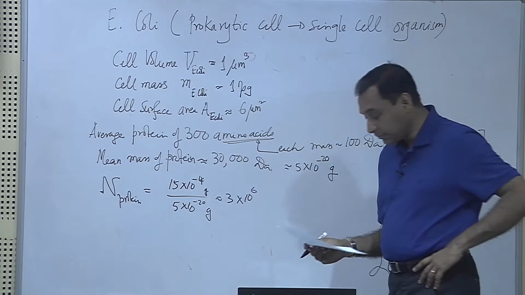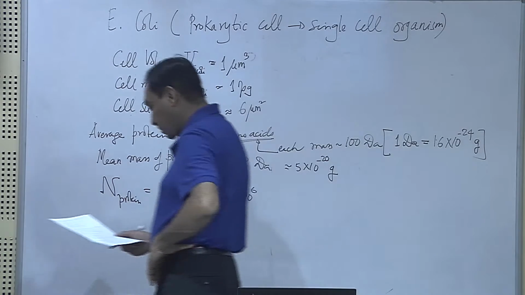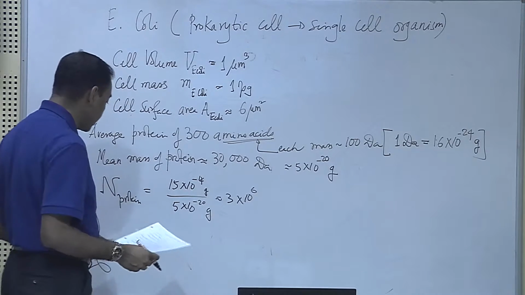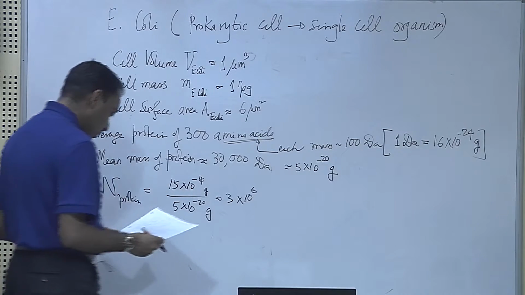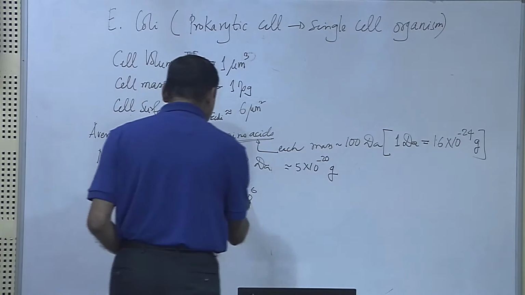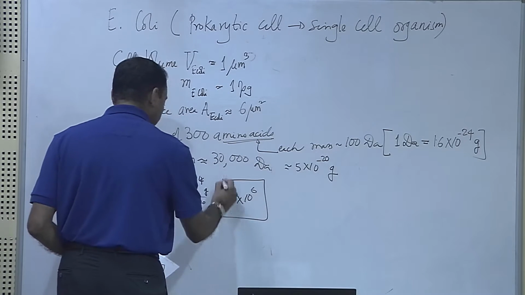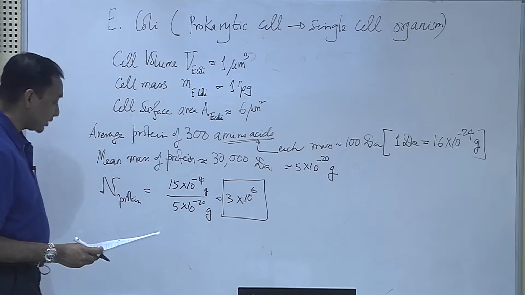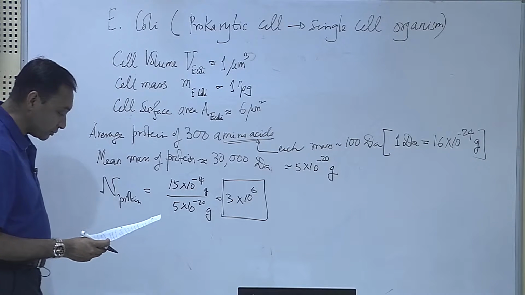So, there is some thumb rule. There are membrane proteins as well as cytoplasmic proteins. So, we can divide this. Typically, as a thumb rule, 1/3 of this number is related to membrane protein.